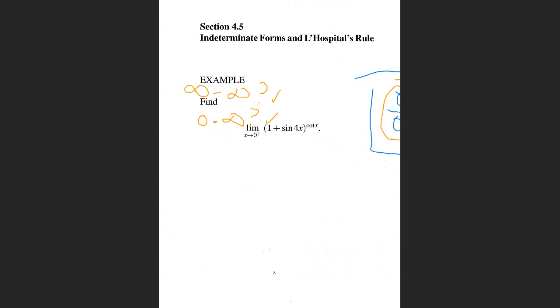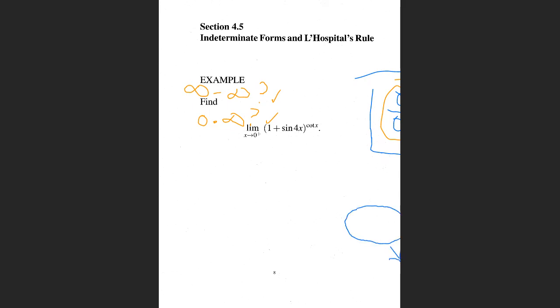And here in this problem, we have another situation where we have the limit as x approaches 0 from the right of the function 1 plus the sine of 4x raised to the cotangent of x power. What would 1 plus the sine of 4x approach as x approaches 0?